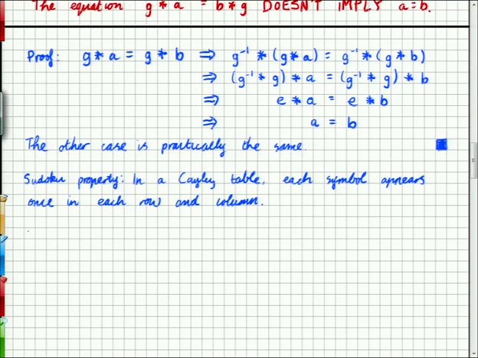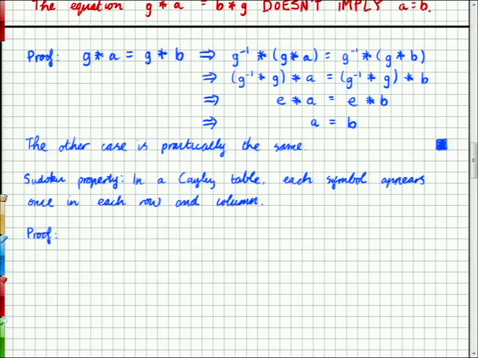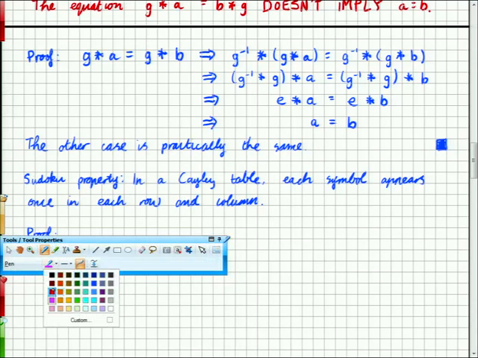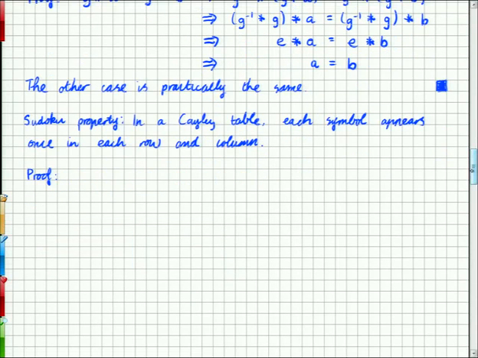Okay, I'm going to do a proof, which is actually by contradiction. Let's suppose you actually saw the same thing twice in one row. What if your Cayley table looked like this?